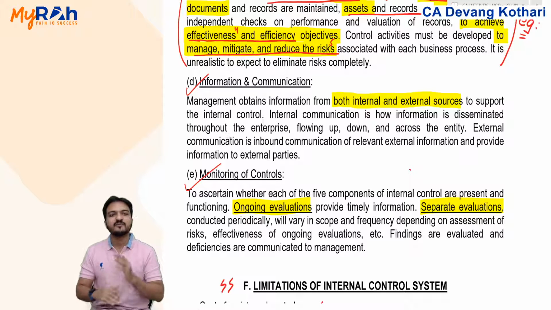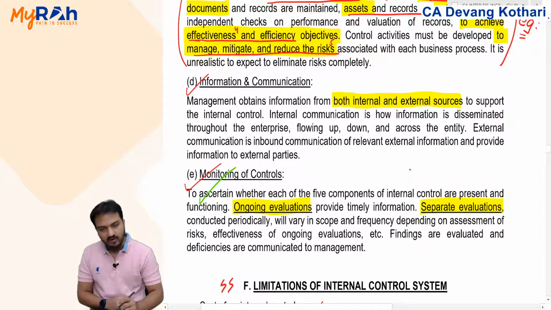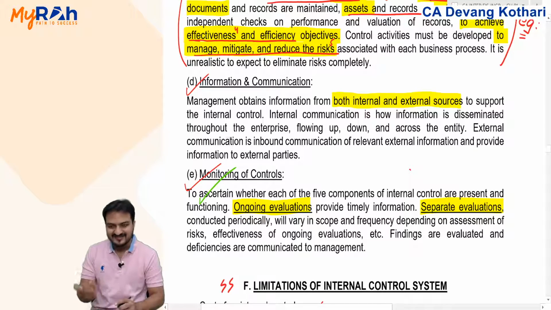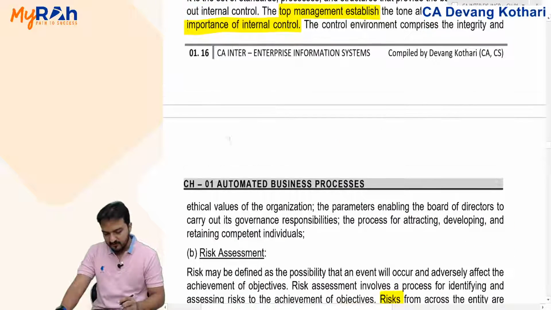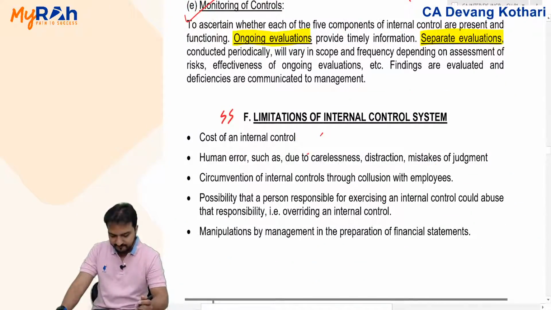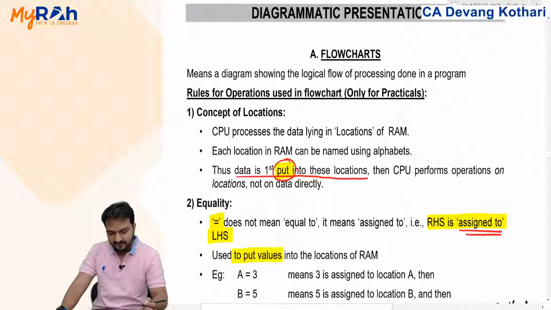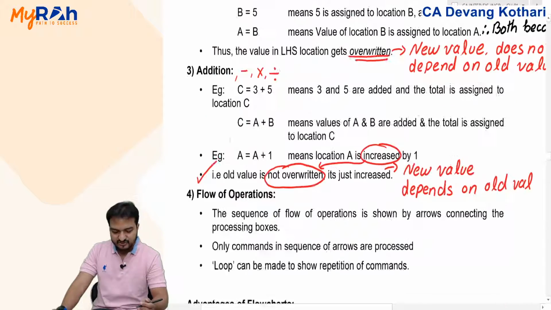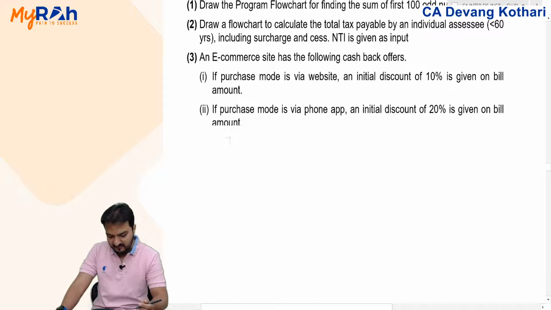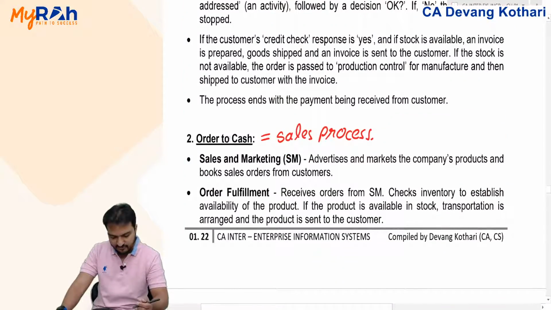Separate evaluations means you go and check at the end of the year. Yes, both are needed, that is monitoring of controls. Anyways, these are the different components of internal control. Lastly, limitations of internal control that you will read. Diagrammatic presentations, as I said, I will cover at the end of this session. So I'll skip that for now, and the next part I will directly show you.